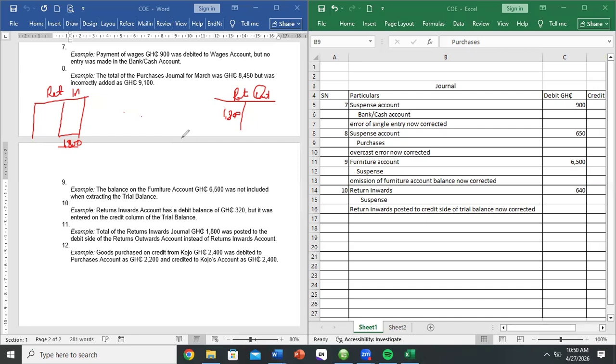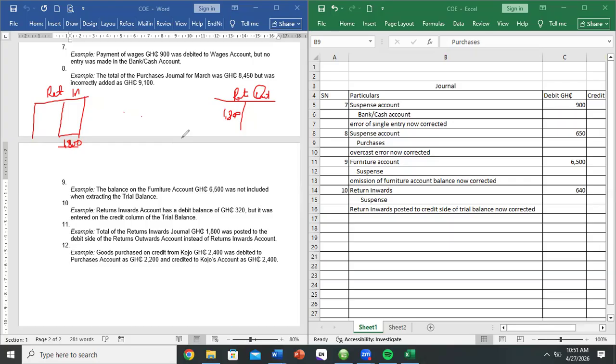Return inwards and return outwards are two different types of account, right? Return inwards is a counter sales account, a counter revenue account. You sell goods and then customers return them to you, right? And return outwards is a counter purchases account. So there are two different classes of account.